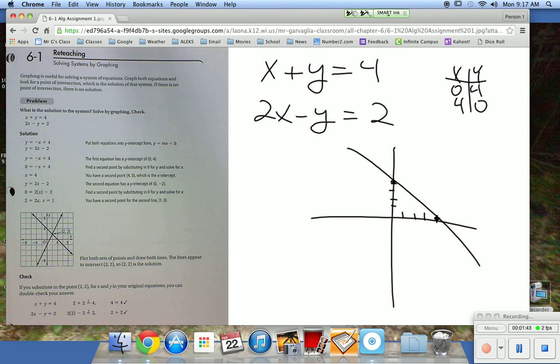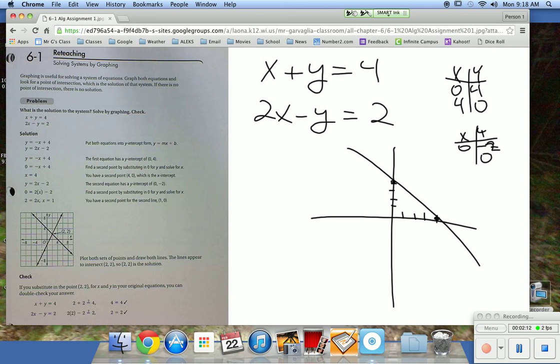If I take my second equation now, x, y, 0 for x, 0 for y. If I make x 0, what's my y? I got a negative y here, though. Negative 2. Does everybody see why it's negative 2?